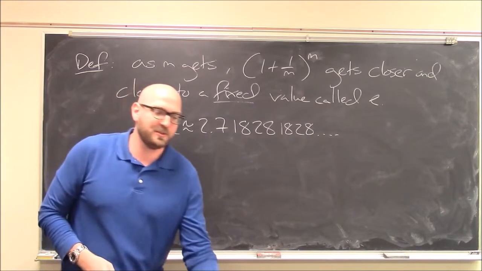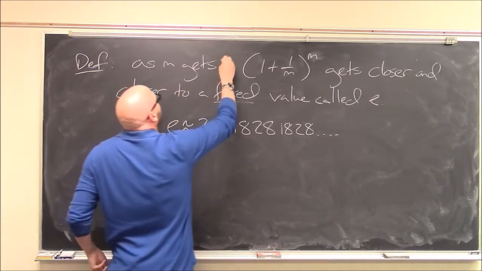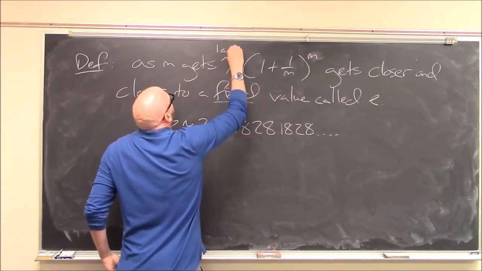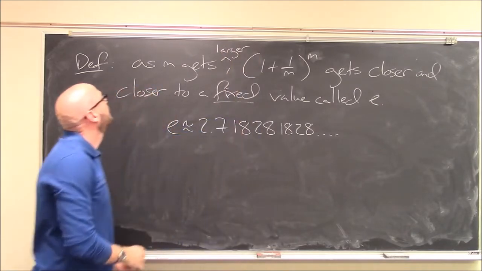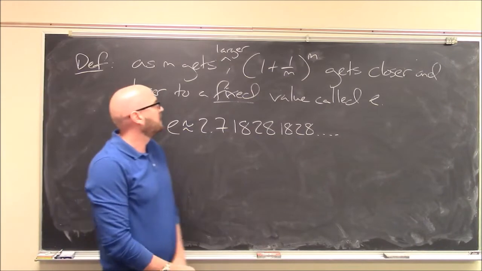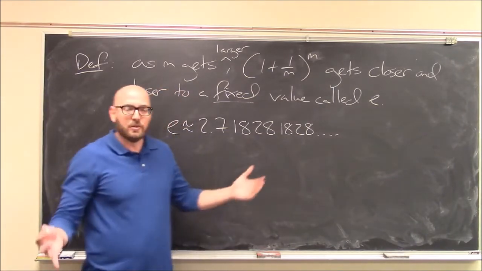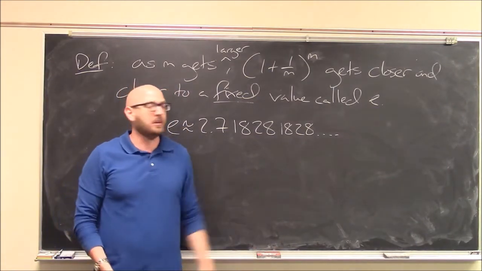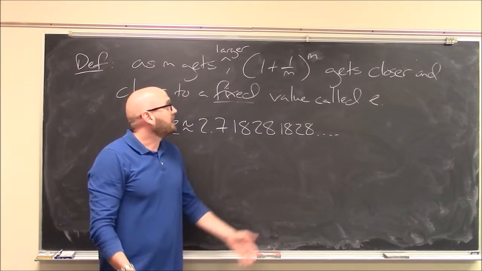I've left off a crucial word here: as m gets larger. So this expression, (1 + 1/m)^m, you can let m be all real numbers: 1, 2, 3, 4, 5, 6, 10, 100, a million.